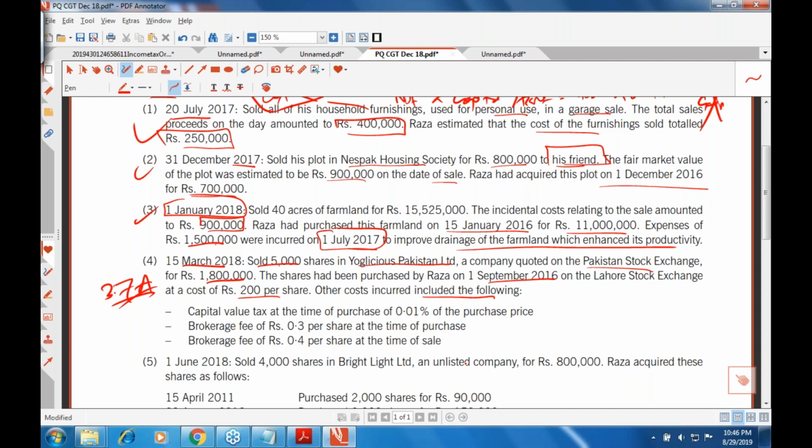Now let's try to understand what the purchase cost was. It was 200 multiplied by 0.01% plus 0.3 additional cost plus 0.4 and plus 200. So how much does the total cost turn out to be? Let's try to see.